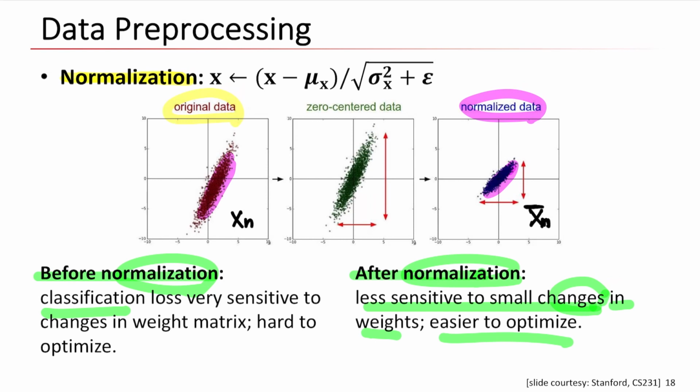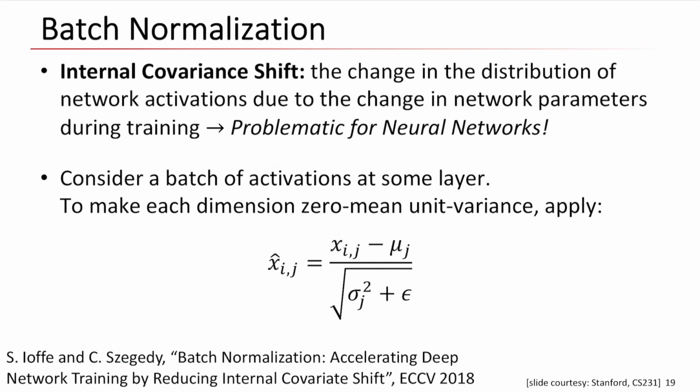So frequently we use this pre-processing of the original data to make training more tractable, right? There are several ways to process the original data, but you can easily think of this: subtracting the mean and normalizing the covariance, right? This is the simple way of normalizing data as pre-processing, right?